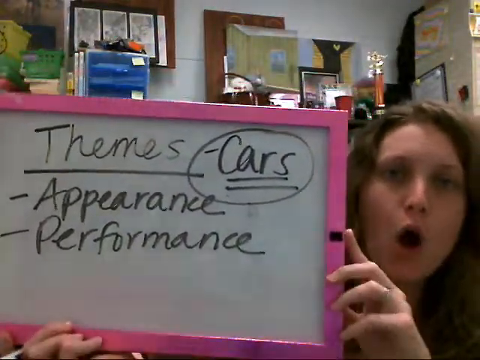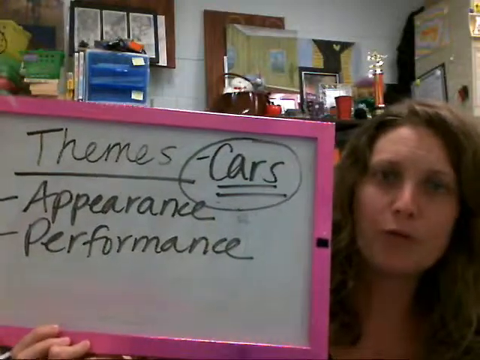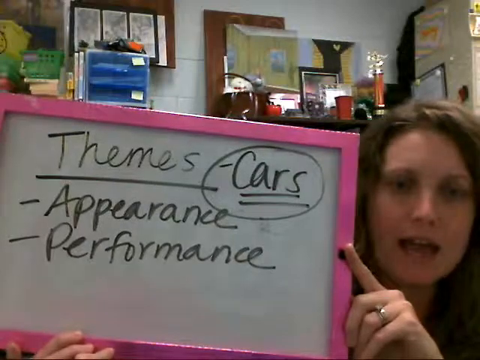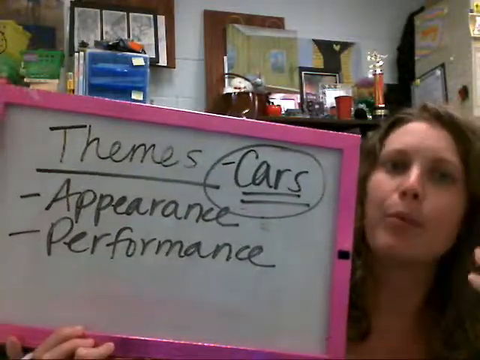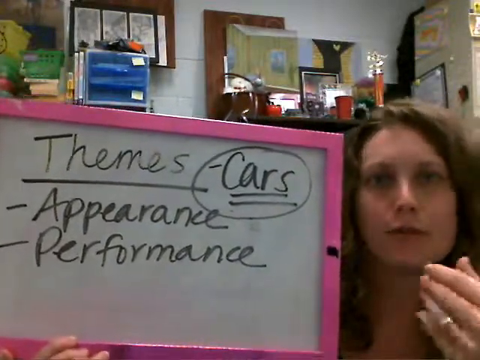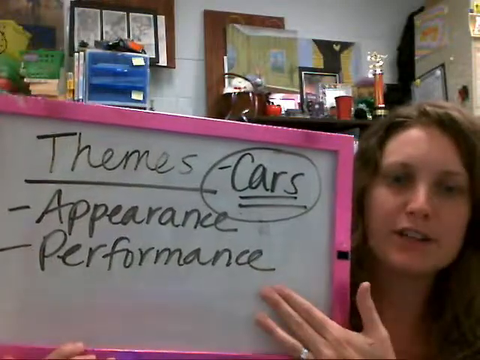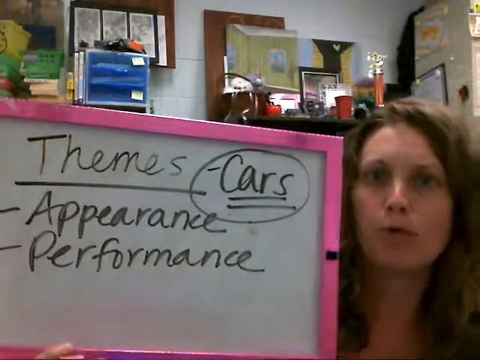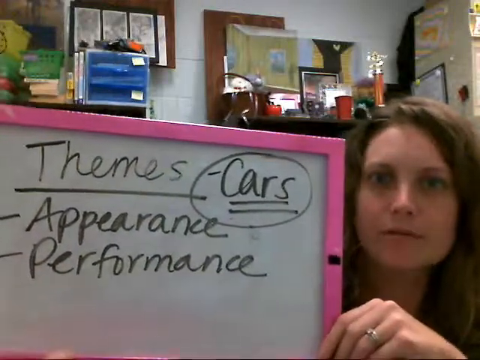You can talk about car A, its performance, versus car B, its performance. Okay? Then you would elaborate and talk about different makes and models and what makes a car have an effective performance standard.